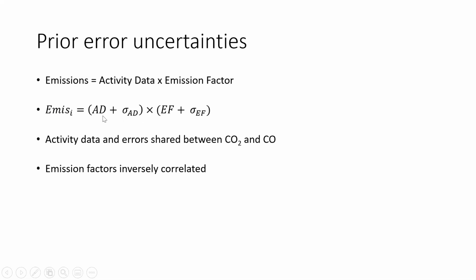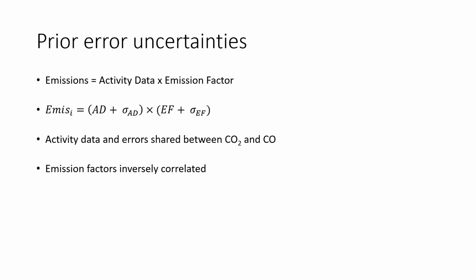So you have some activity data plus some error in that activity data, multiplied by an emission factor plus some error in that emission factor. And then the idea is that activity data errors should be shared between carbon dioxide and carbon monoxide because they're being released by the same processes. So if your number of cars on the road increases by 10%, that should increase your CO2 emissions by 10% and also your CO emissions by 10%.